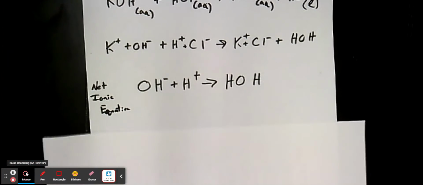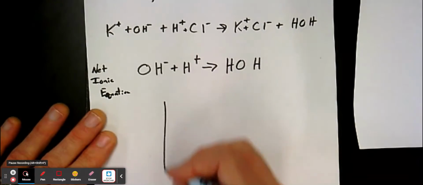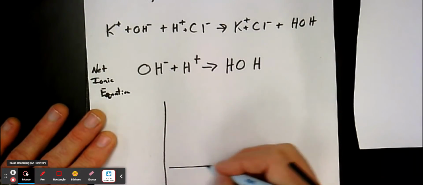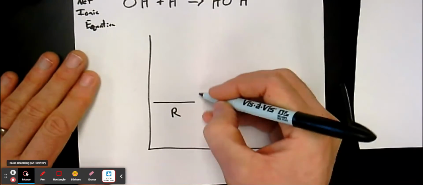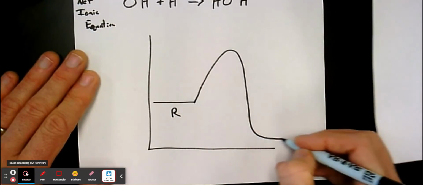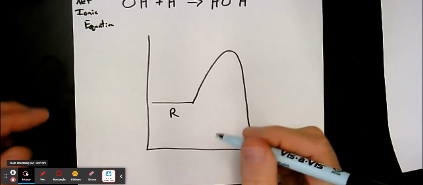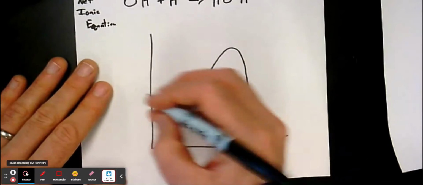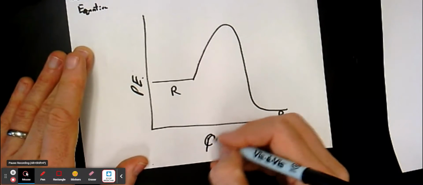Now, as you saw, the temperature went up. So my reactants had some kind of energy, and my products would have had less because I saw temperature being released. And this is potential energy, PE, and this is my reaction coordinate.